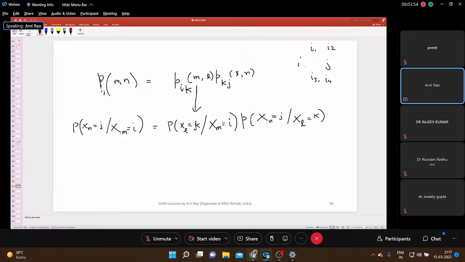So i to j could occur from i to i3 and then j, or i to i1 to j, or i to i1, i1 to i2, i2 to j, isn't it? These are all probabilities that are there.